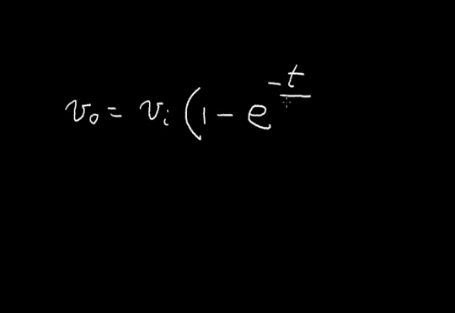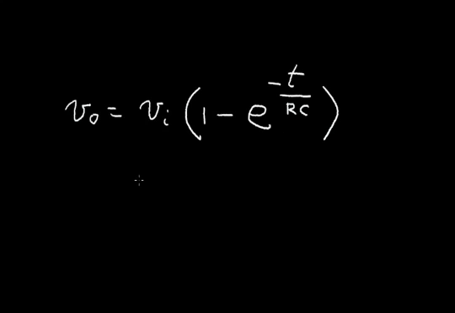It turns out that the equation for the output voltage, V out, is equal to the input voltage, VI, times (1 minus e to the minus t, for time, divided by the RC time constant, RC).